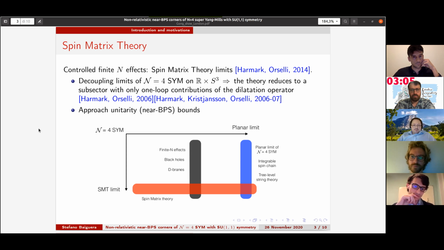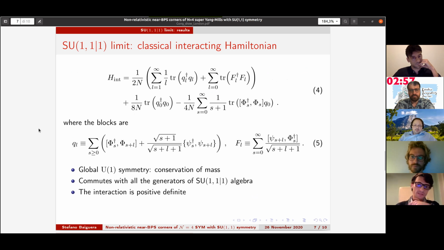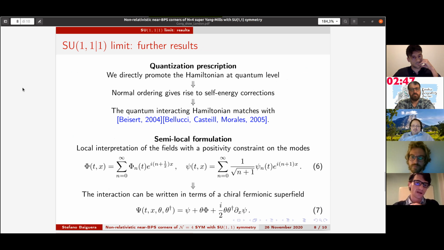Sorry, so I maybe missed: what can you actually compute with this Hamiltonian? At this point, this Hamiltonian is written in terms of various modes where you sum only over positive values. But one interesting fact is that one can find this kind of local formulation.